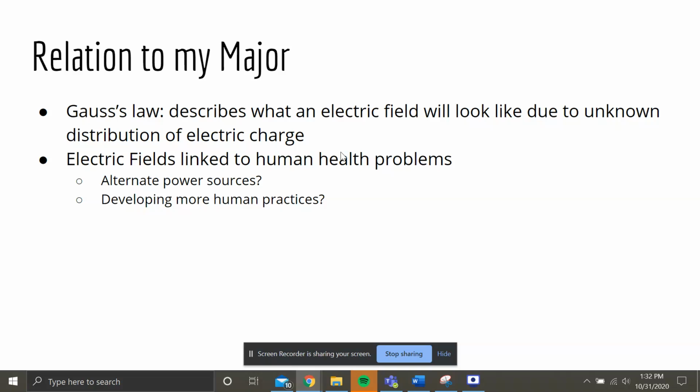And one of these risks to humans, which in turn affects the environment, could be electric fields, and exposure to power frequency has been linked to human health concerns fairly often. And it's not only noted in the United States, it's been noted across the world. And this may lead us to look into some alternate sources of power or maybe coming up with some more humane practices for electric fields.